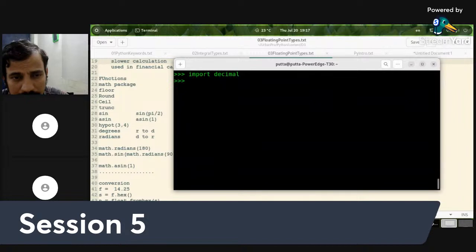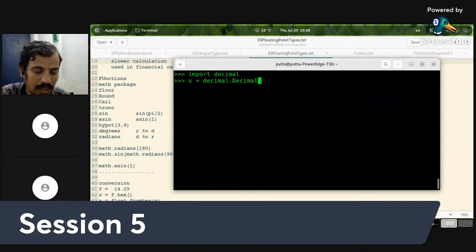Are you getting an error in this case, or are you getting an empty prompt? Sir, empty prompt. It means it's working. So your Python supports this data type, otherwise you have to install it. So import decimal, then we can say x is equal to decimal dot decimal of some value that you want to store.